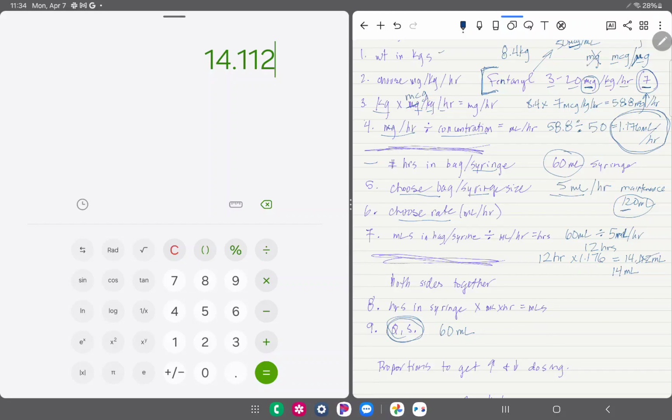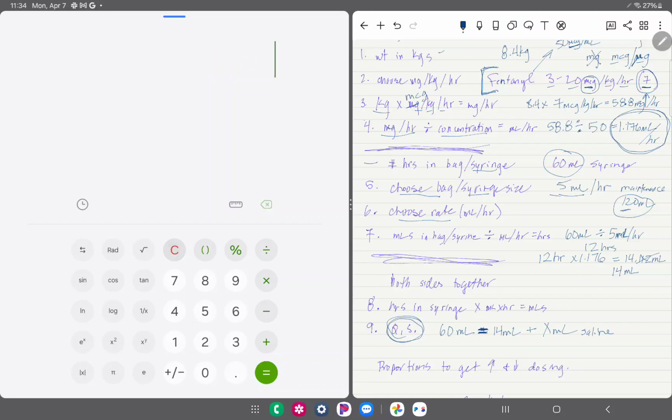What I'm going to do first is, in that empty syringe, add my 14 mils of fentanyl. And then the 60 should equal, not minus, not add, 60 mils equals that 14 mils plus another volume of saline to get it up to 60.